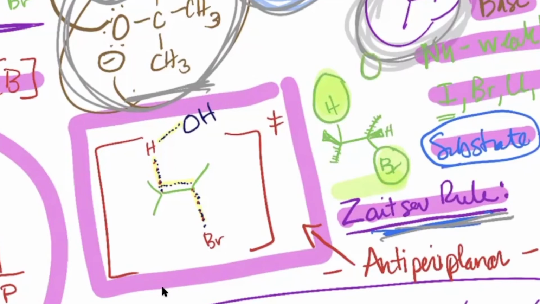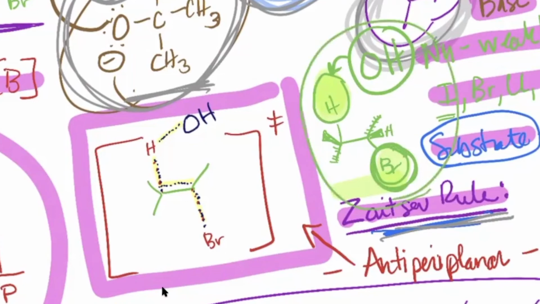Our strong base is going to pull off this proton on the opposite side of the molecule from where our leaving group is, which is also negatively charged, right? We're developing a negative charge as it's leaving. So those two things have to happen on the opposite side of the molecule. And so we are going to have what is called an antiperiplanar conformation in order for E2 to happen.